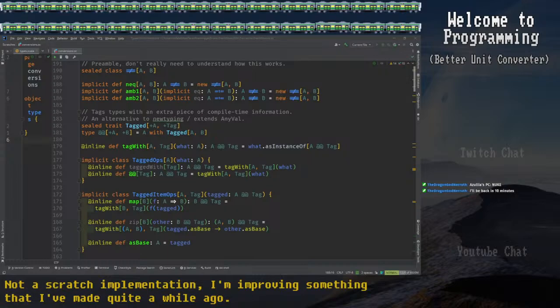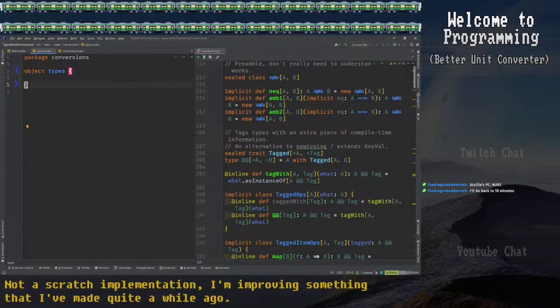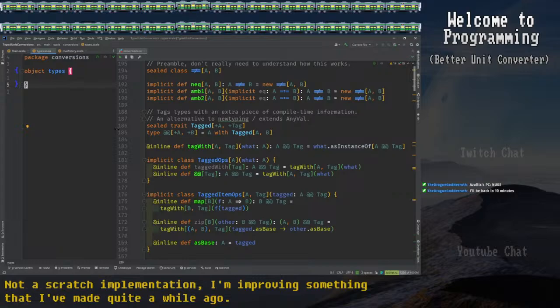But it essentially uses some funny type level information in order to prevent you from converting or adding things that shouldn't be added together. I don't need unit addition, I just need unit conversion. So here we are, doing unit conversion.